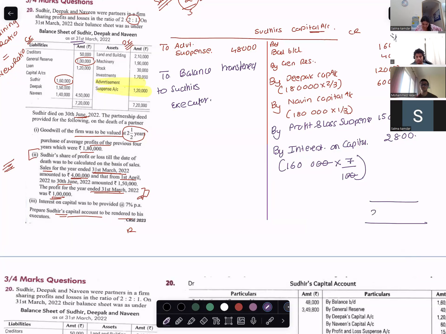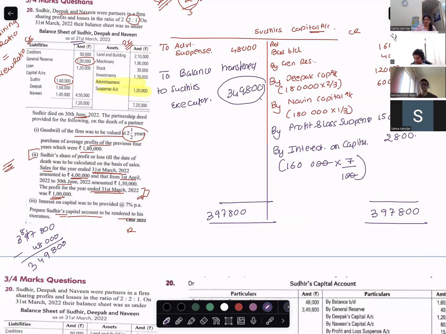The total of the credit is 397,800. From this 397,800, if I subtract 48,000, I am going to get 349,800. This is the balancing figure.